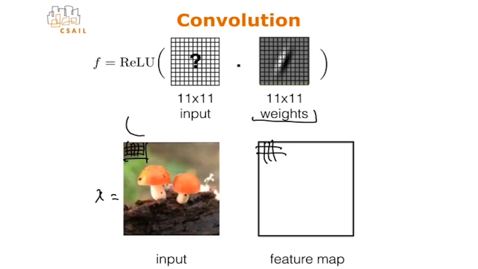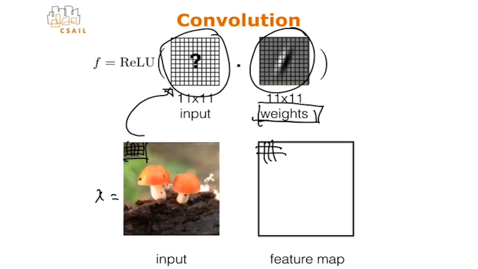That's now the input to our little classifier, and we use the same weights here. So the same image patch, compare it to the patch in the original image, pass it through a rectified linear unit, get a real number, and put that number in the feature map here.